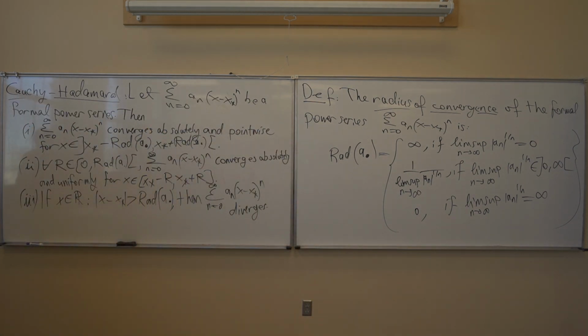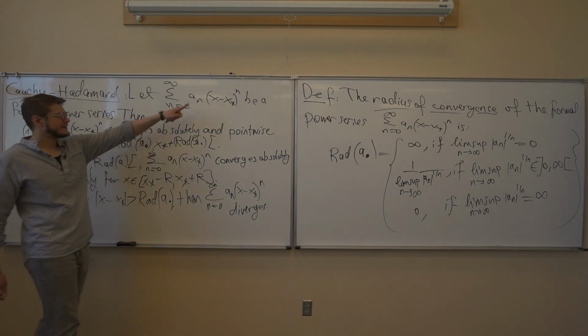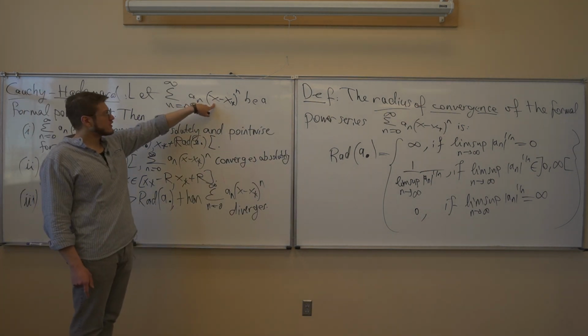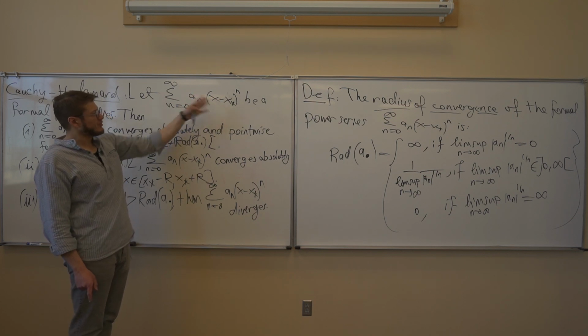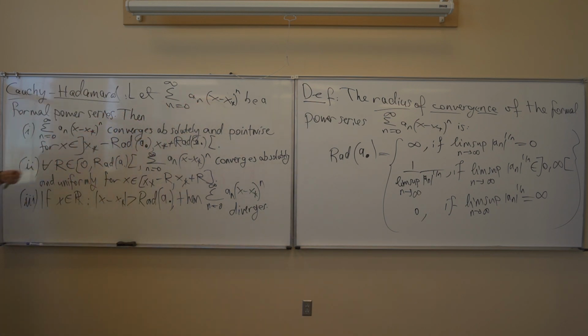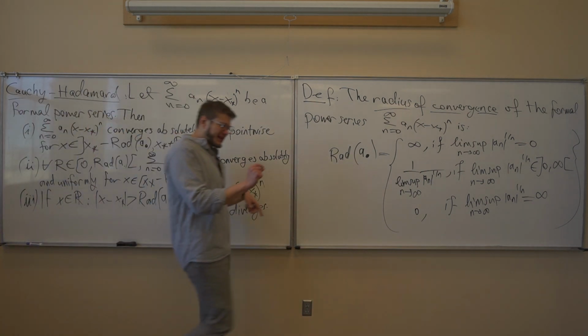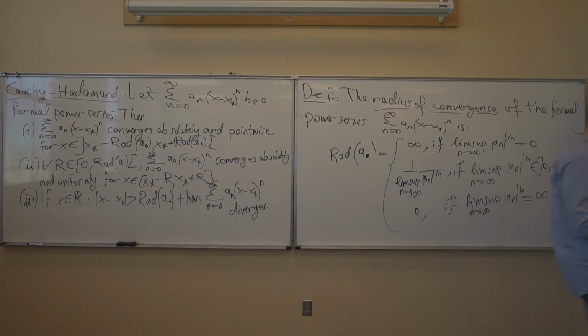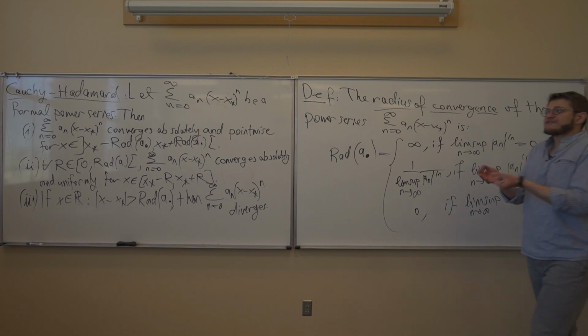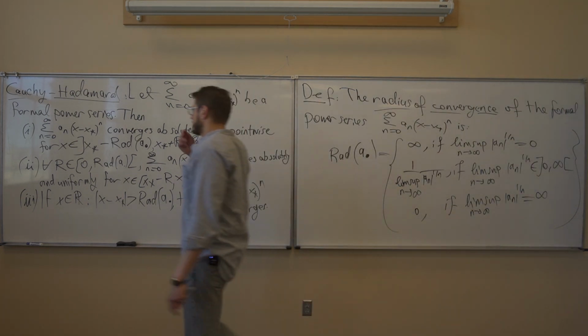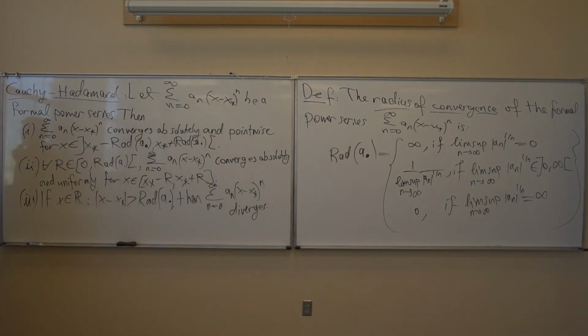Now, note that if I were to plug in x equals x star, then all of these terms would be 0. So this obviously converges. So that's not the point. The point is that if you can get convergence for x nearby x star, because we want some sort of infinitesimal information, just like we did for derivatives, if you want.